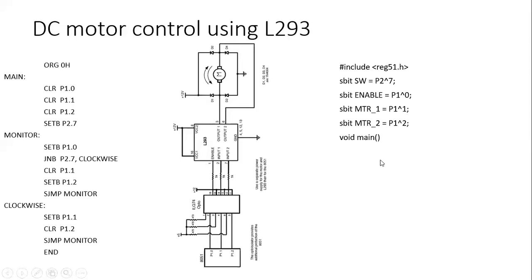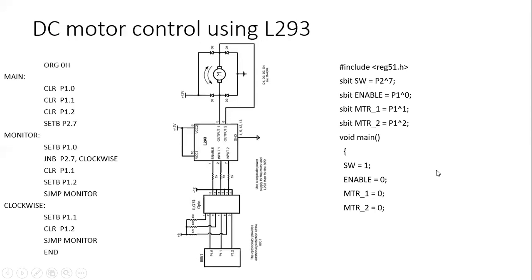We first configure P2.7 as an input. Then enable is initially set to 0, and the motor first terminal and second terminal are also set to 0. So the motor is off totally, it is standstill. None of the H bridge switches are closed here.